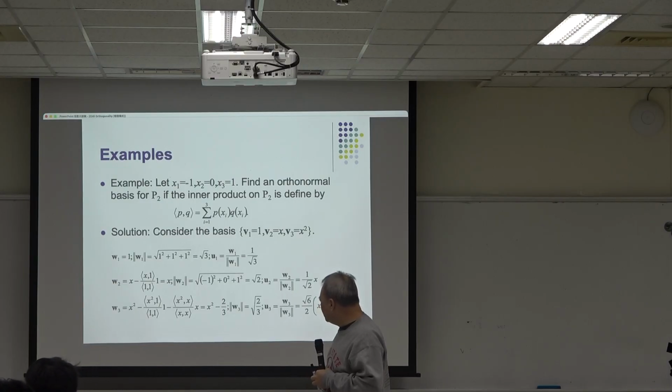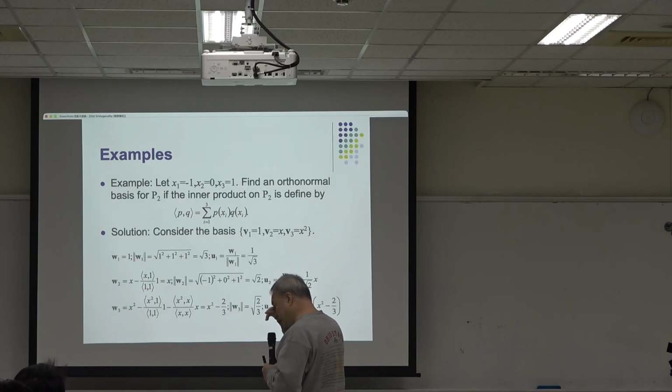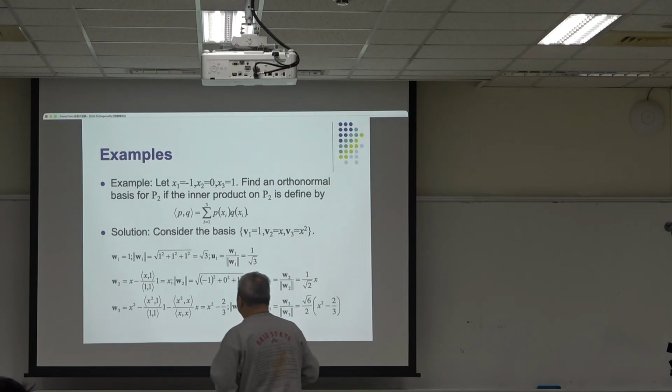So this example is a little bit more complicated, because it's P2, the polynomials up to degree 2, with x1 equal to negative 1, x2 equal to 0, x3 equal to 1. Find an orthonormal basis for P2 if the inner product on P2 is defined by, be very careful, this inner product definition.